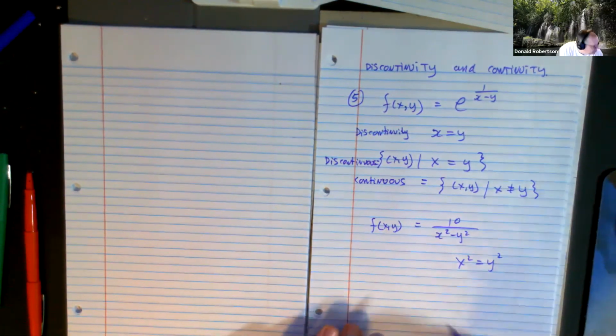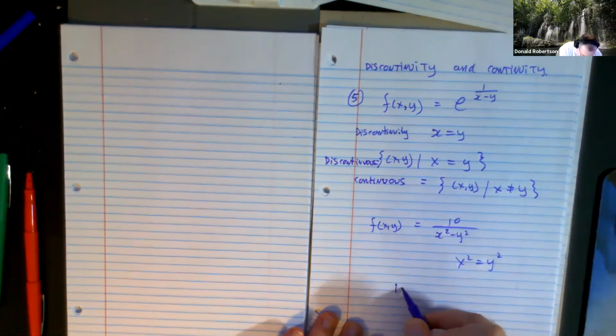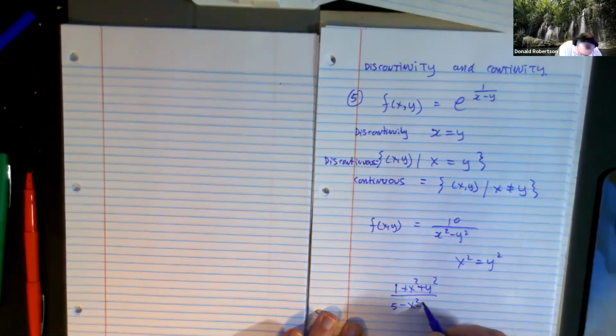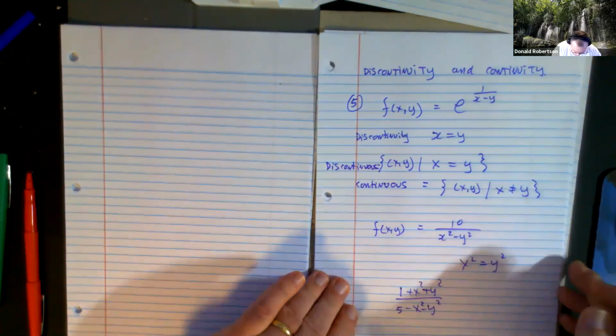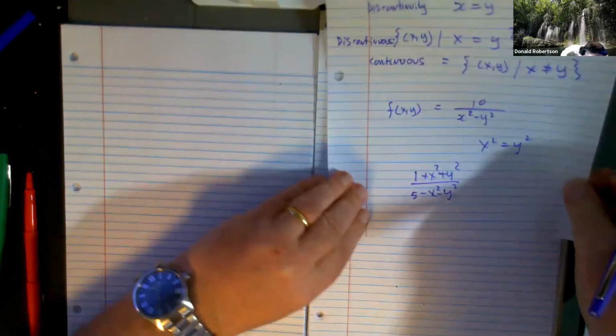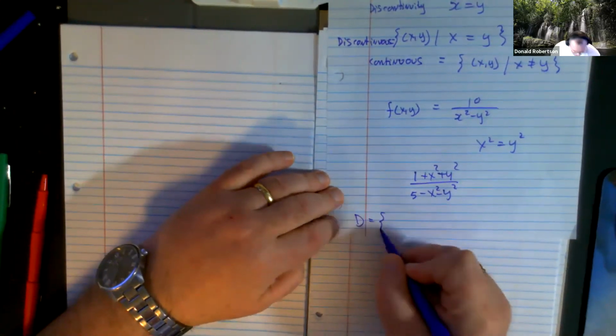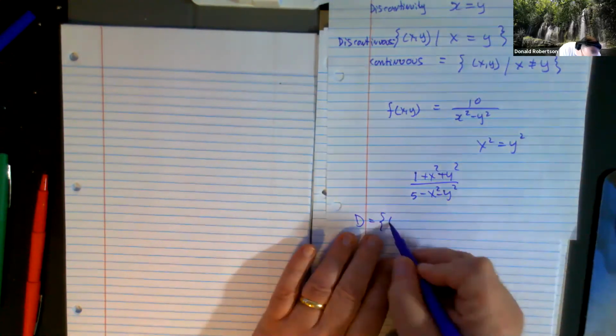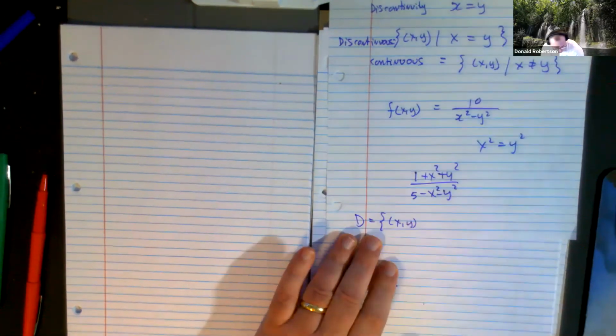How about this one? And I want to know where it's discontinuous. So they're calling it D, which is nice because I don't have to write the whole thing. Where would this function have problems?